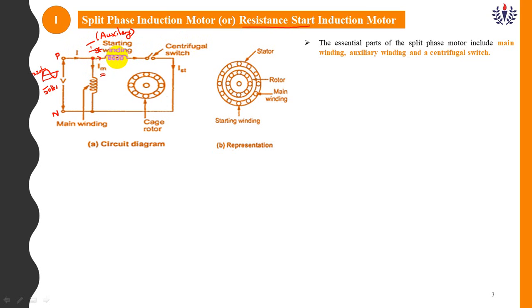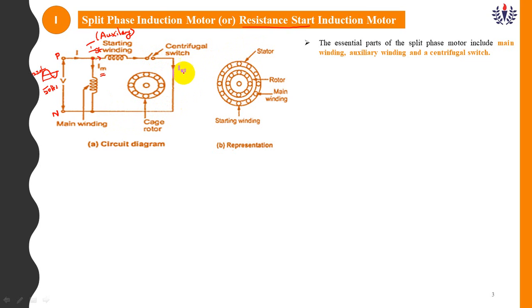This starting winding is connected with a centrifugal switch. The other end of the centrifugal switch is connected to the main winding. Do you understand? So in a split phase induction motor there are only three parts.